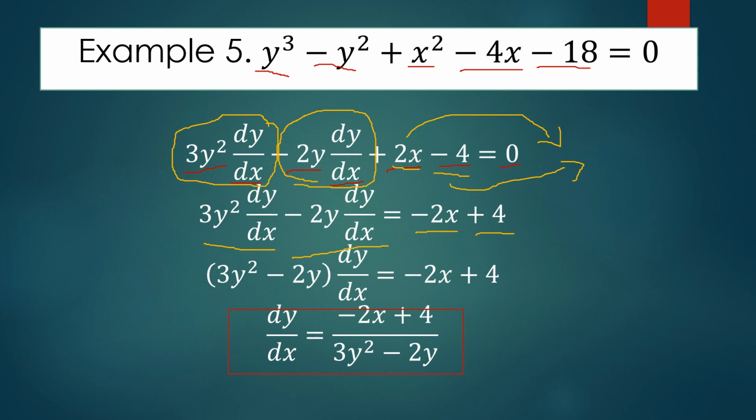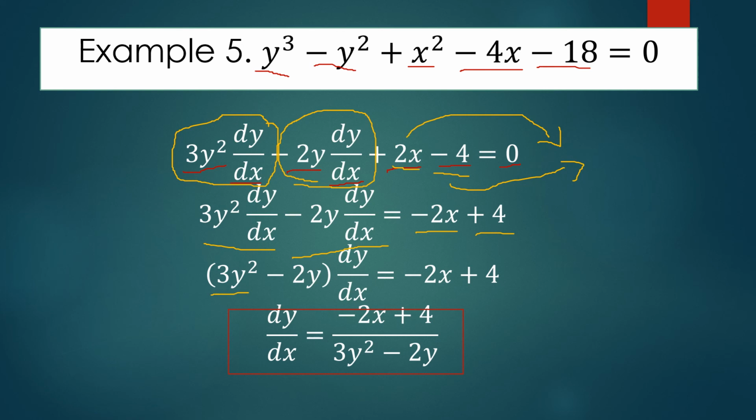Okay, next, let us factor out the terms in the left side by dy over dx, since ang common factor nila is dy over dx. Okay, so let us divide 3y squared dy over dx by dy over dx is equal to 3y squared.